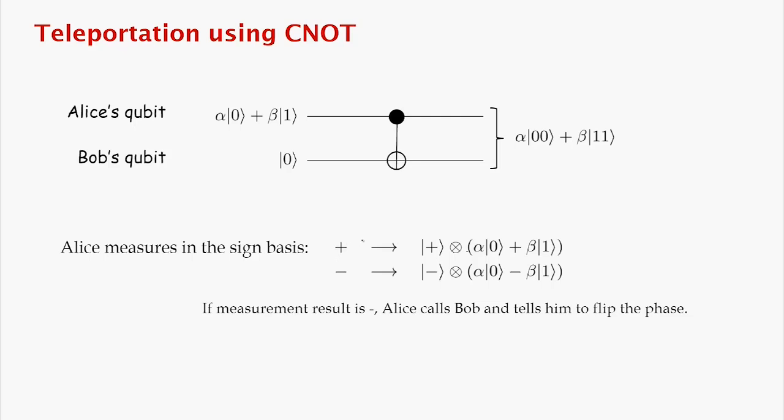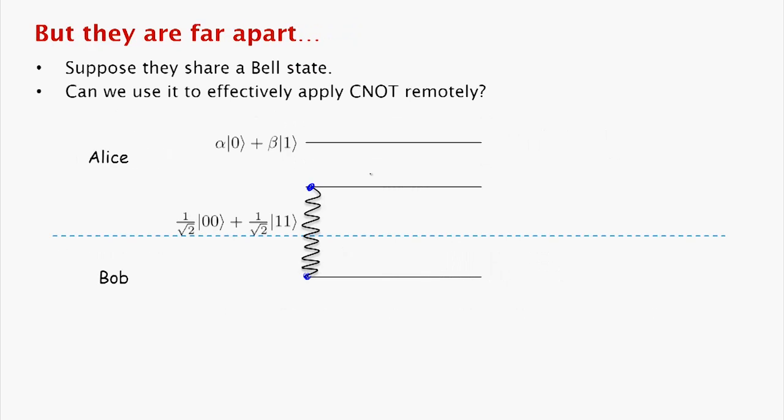And if she says plus, Bob leaves his qubit alone. If she says minus, Bob performs a phase flip, Z. Okay, so our challenge now is to try to create the state alpha 00 plus beta 11, but without a C0 gate.